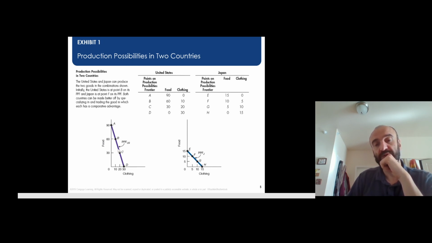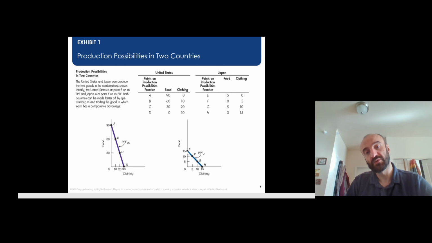If America produces everything that it needs, this is the production possibilities frontier, the combination of goods that America, with 100% use of its resources, can produce without trade, without exchange. And this is the production possibilities curve for China, Japan in this case, but let's call it China in order to make it more intuitive. So you see, if America works full time to produce only food and no clothing, it can produce 90 units of food.